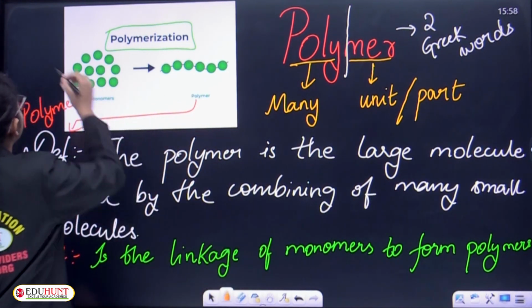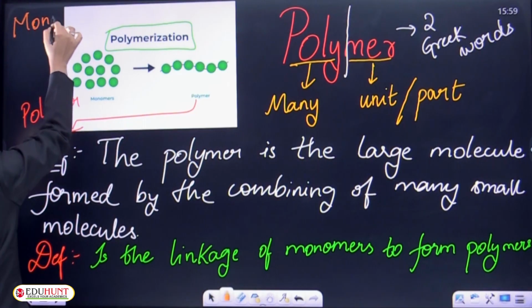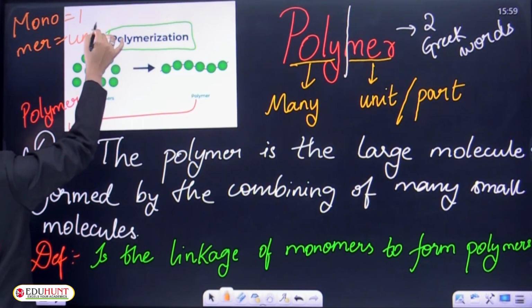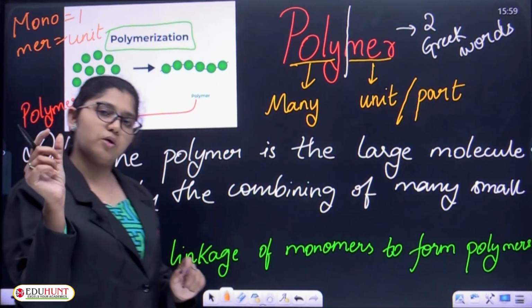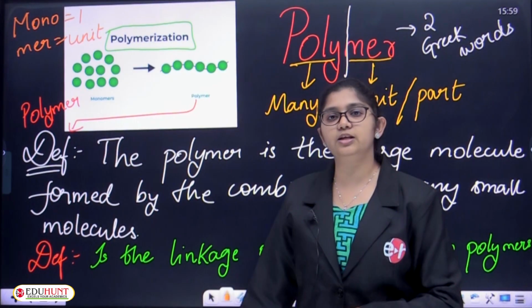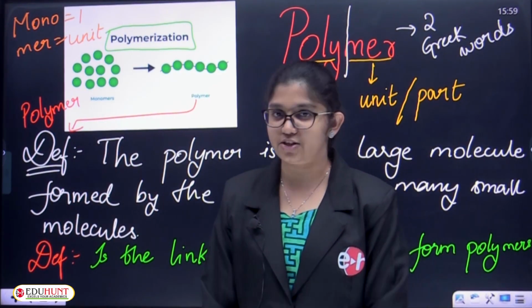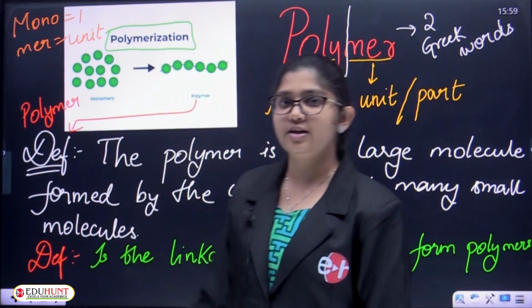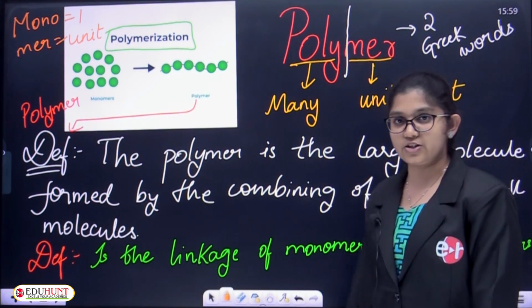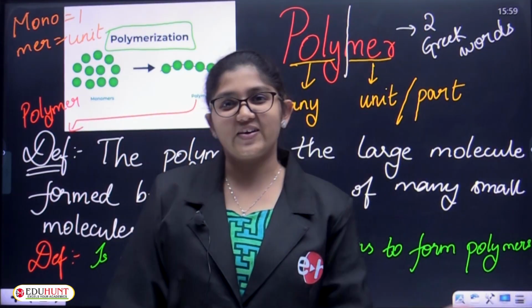Mono means one, mer means unit. When a group of such single units are grouped together to form a polymer, that process is called polymerization. Clear, children? Now you have the definition of polymer and also polymerization. This is all about polymerization from the synthetic fibers topic. Okay, thank you.